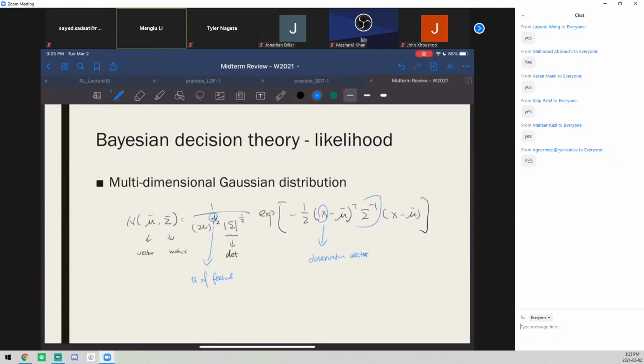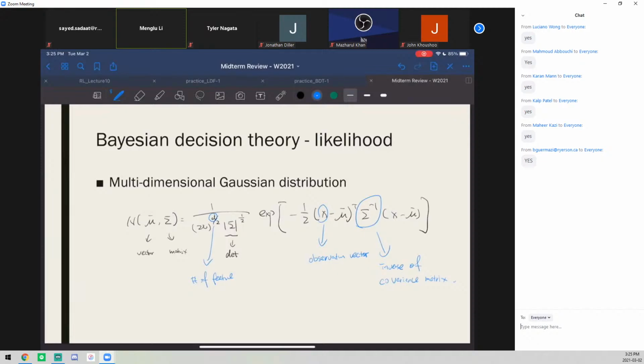And this one is just the inverse of the covariance matrix. That's the formula.